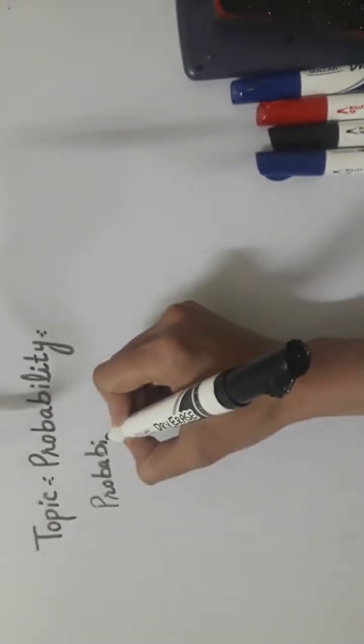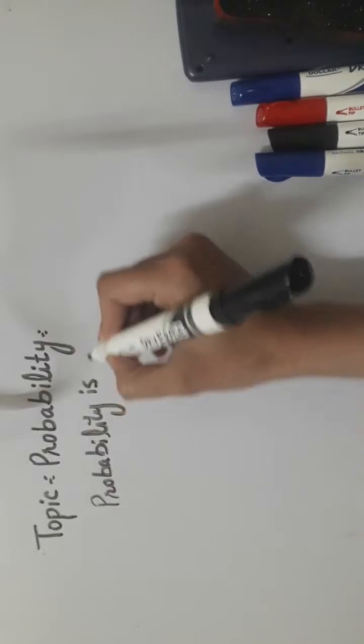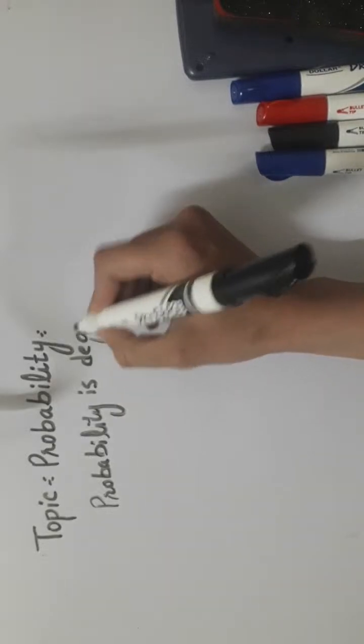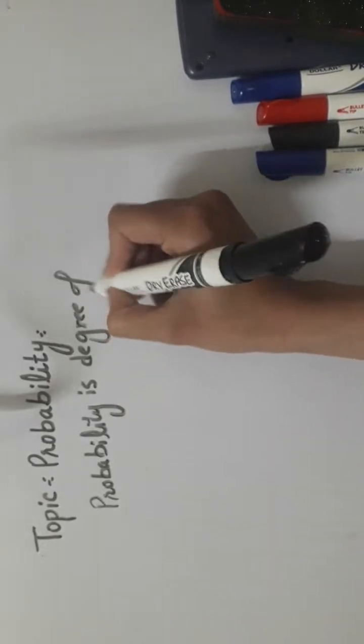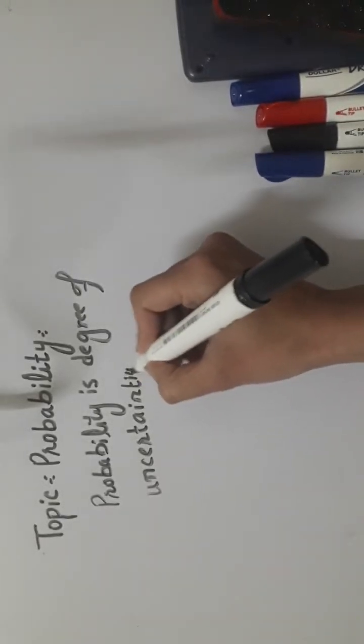So, we will define probability as, probability is the degree of uncertainty, that in our daily life we consider this as in weather forecast.